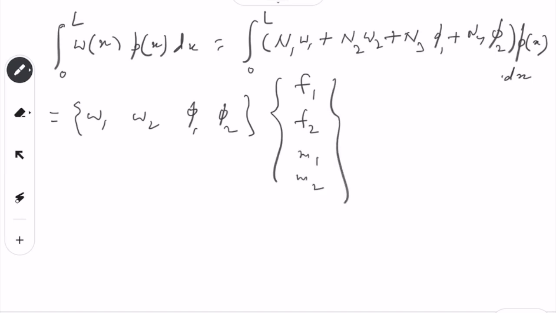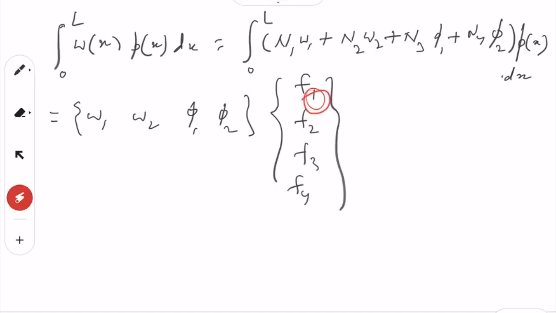So this is the forces basically, or instead of writing that, let's write F1 F2 F3 F4 only, where this number is just the row number.